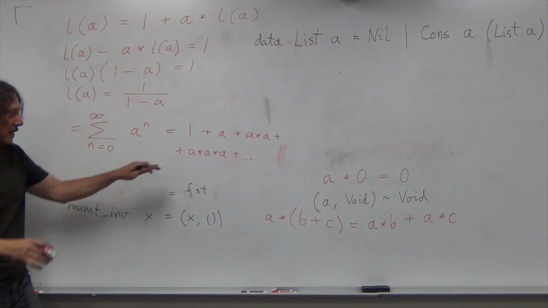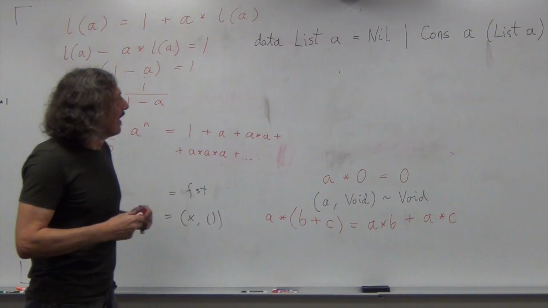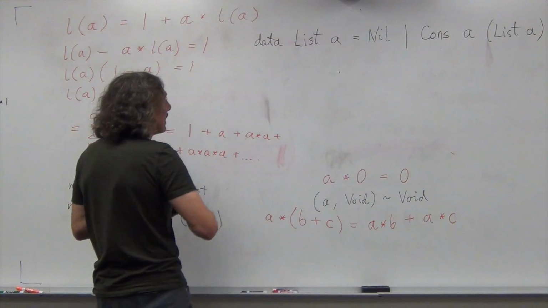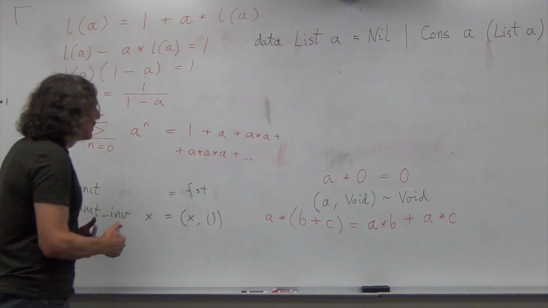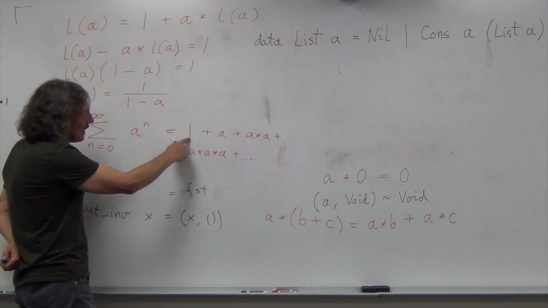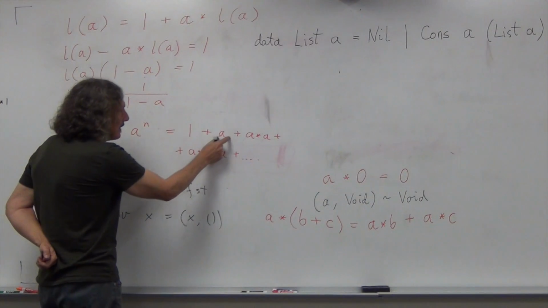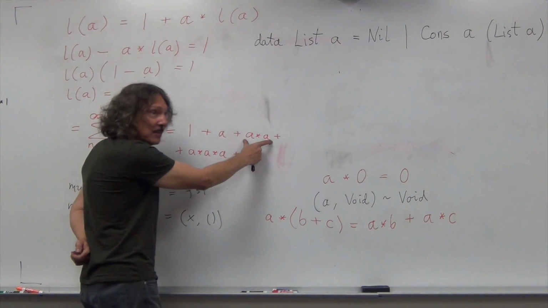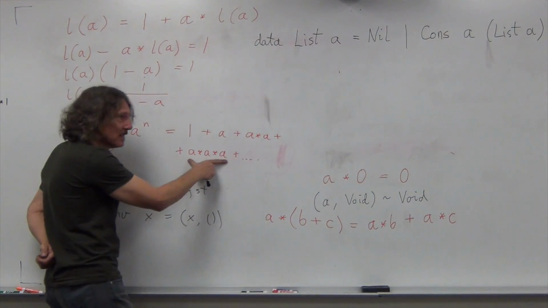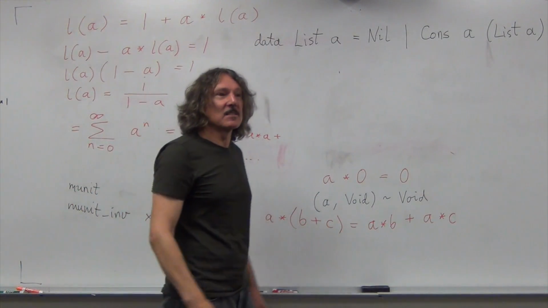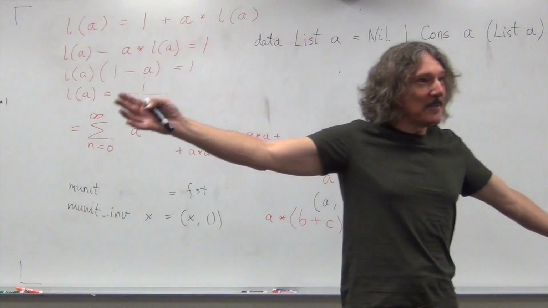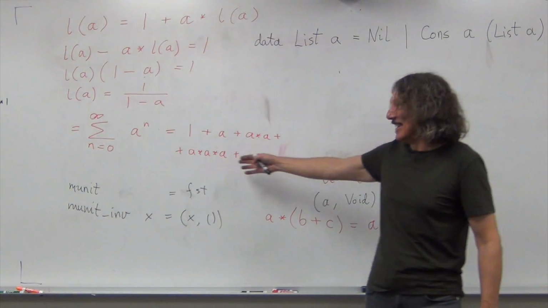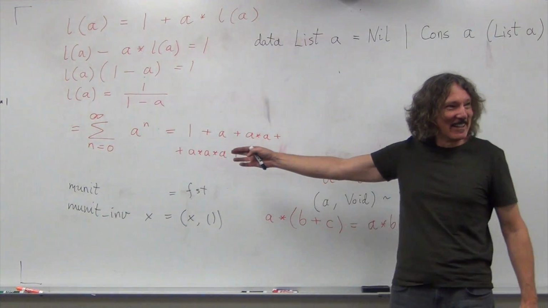Instead of writing powers, I'm just writing this. Aha! So this corresponds to an empty list. This is just a singleton list. This is a list of 2 elements. This is a list of 3 elements. This is a list of 4 elements, and so on. I have defined all possible lists with this equation.